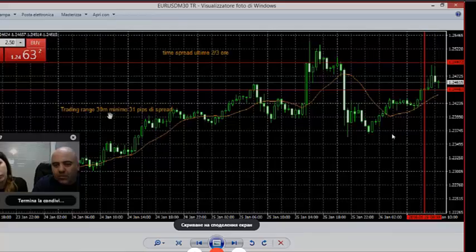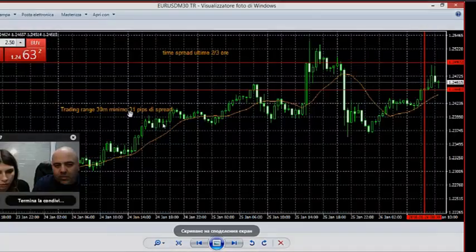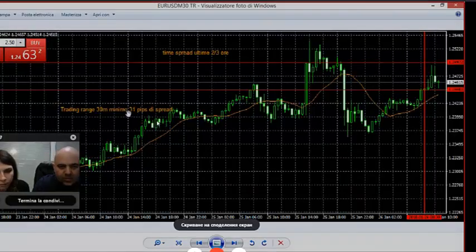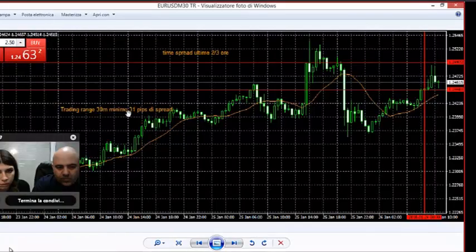Trading range on 30 minutes minimum spread is 31 pips because the more the trading range is tight, the more it is untrustable. So the minimum is 31 pips of spread between downside and upside.